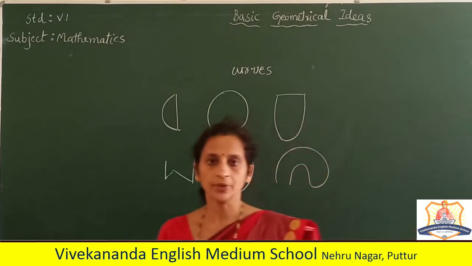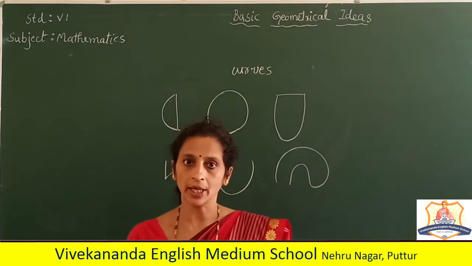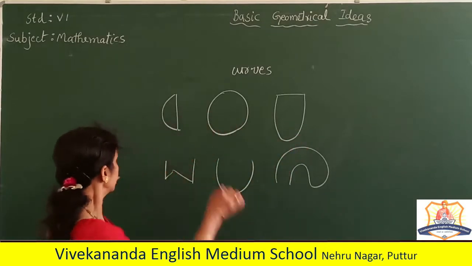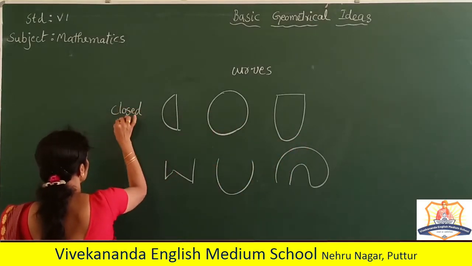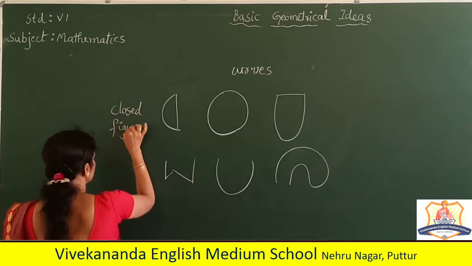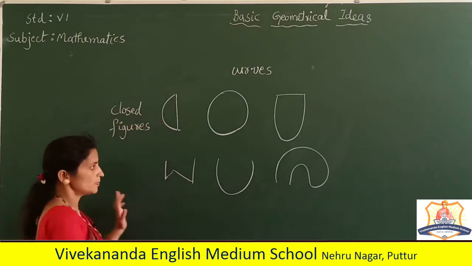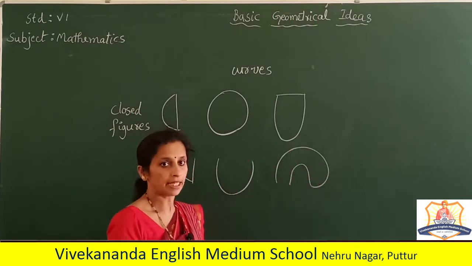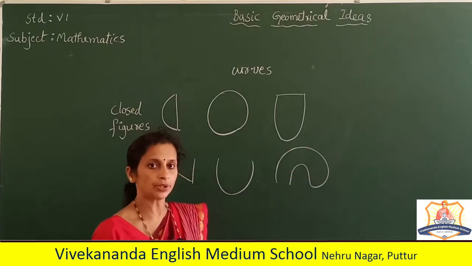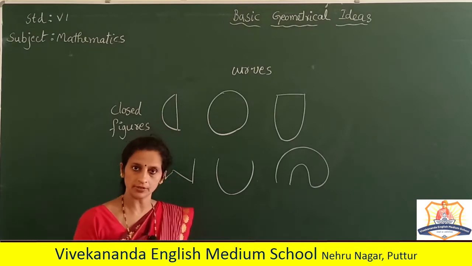So under curves we can see 2 types. One, closed curves. These figures are known as closed figures. And if you observe these figures, are they closed? They are not closed. So we can see 2 types of curves or figures.